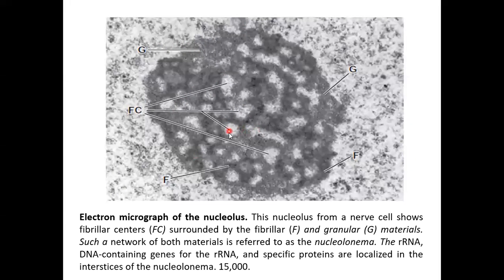Ito yung mga parang puti-puti na areas, guys. This one, fibrillar area, itong medyo dark, yan siya. That's your pars fibrosa. Dito naman, mga granular areas, that's your pars granulosa. So guys, your fibrillar material or pars fibrosa, these areas here represent now the site of initial ribosomal assembly.